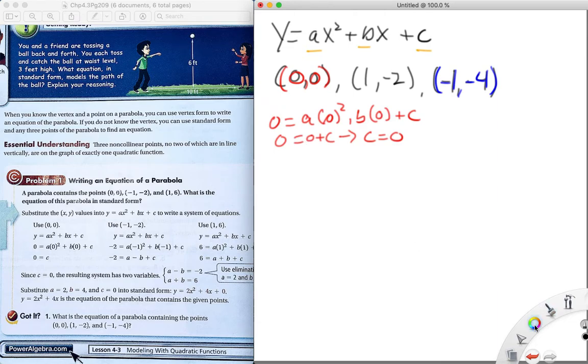So I'll call this step 1. Okay, step 2. We have this 1 and negative 2, so we're going to substitute negative 2 for y, and anywhere we see an x, we're going to substitute 1.